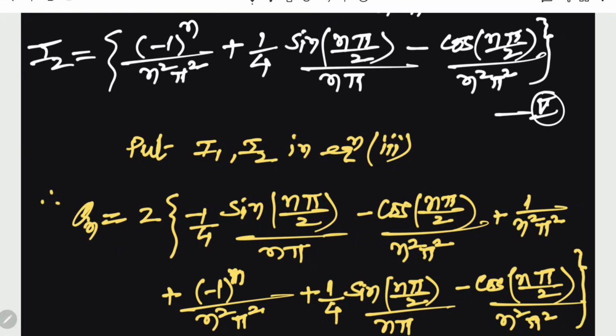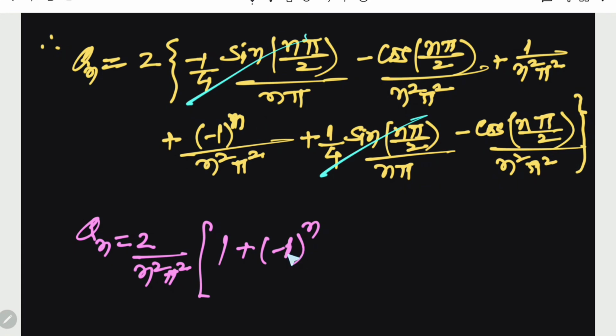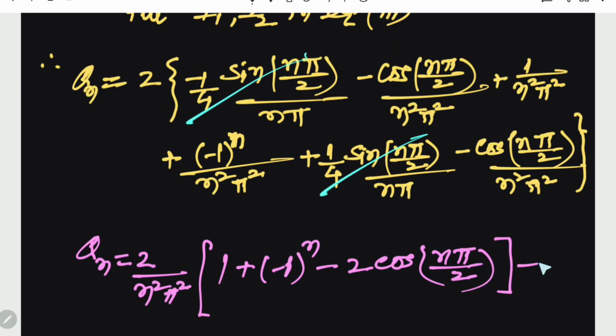Here that minus 1 by 4 cancels with this 1 by 4 sine n pi by 2 upon n pi. Therefore 2 times, remaining terms are 1 divided by n square pi square. 2 upon n square pi square we take outside. The remaining terms are 1, then minus 1 raised to n, and minus 2 times cos of n pi by 2. This is the value of an, equation number 6.